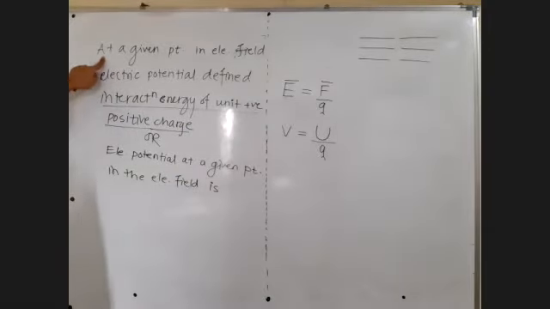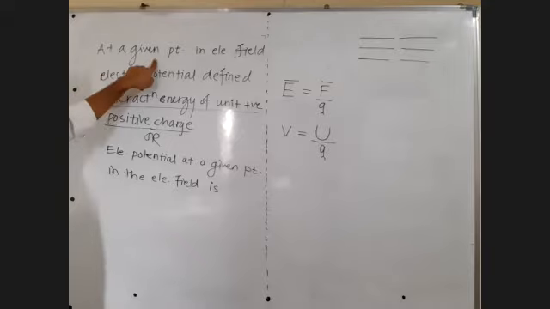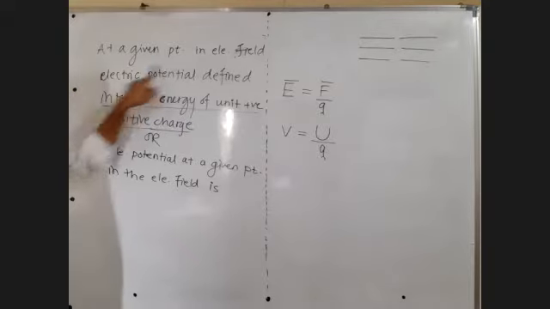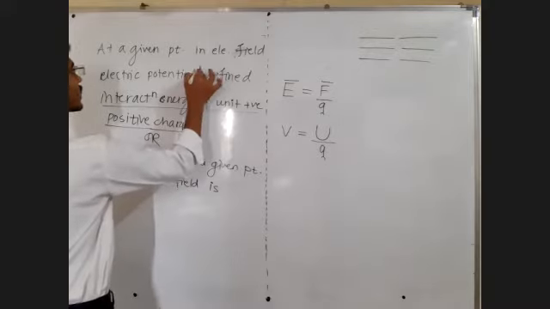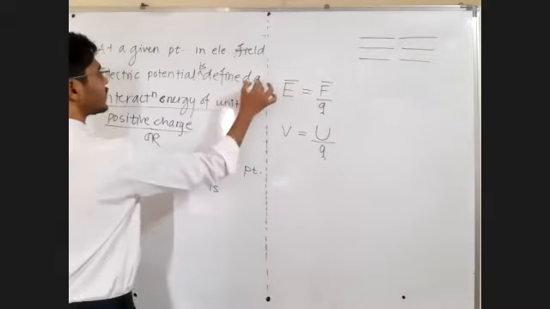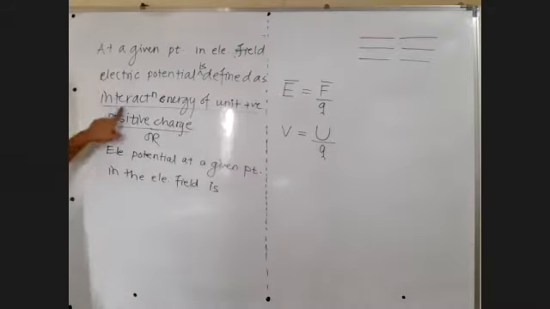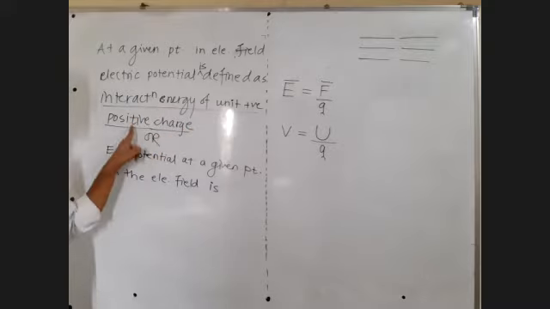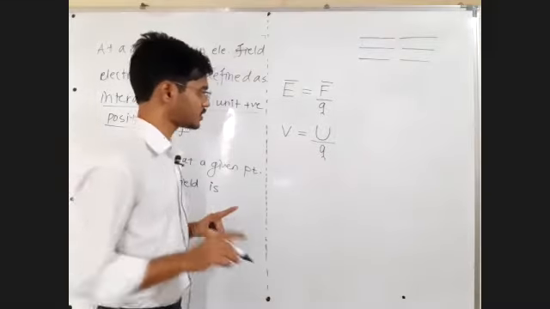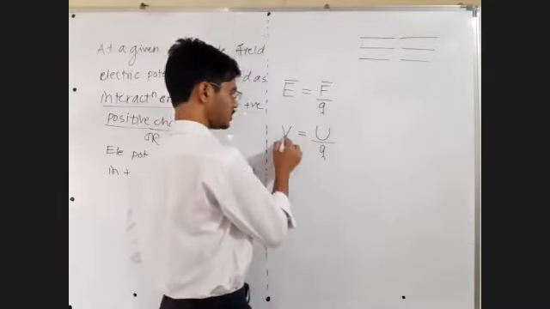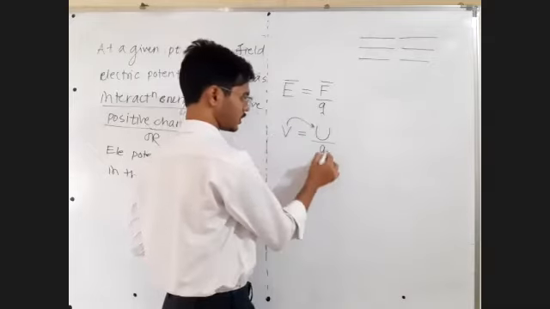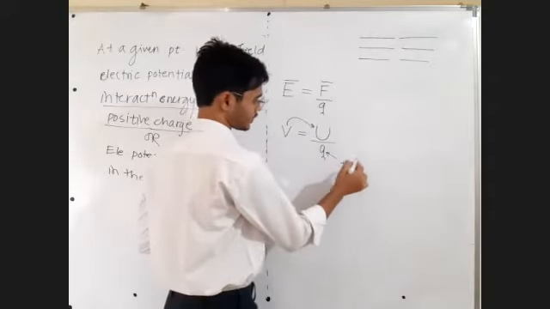So the definition that we wrote yesterday is: electric potential at a given point in the electric field is defined as the interaction energy of unit positive charge. Interaction energy of unit positive charge means potential is equal to energy if Q is equal to +1.